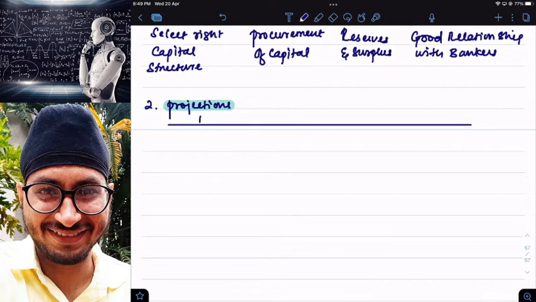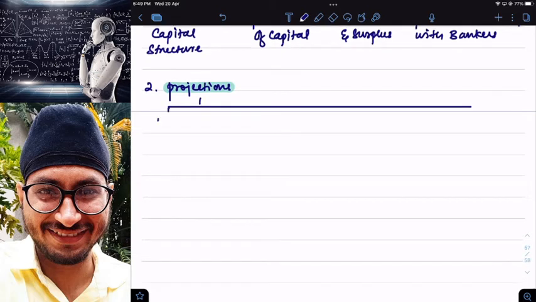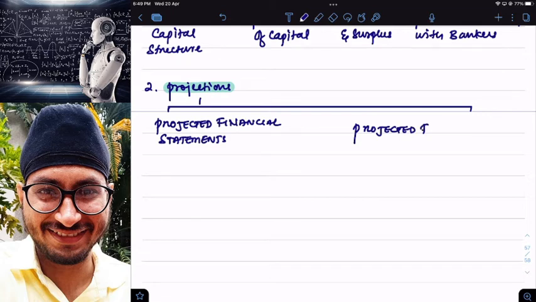One is projected financial statements, and second one, projected financial budgets. Clear?